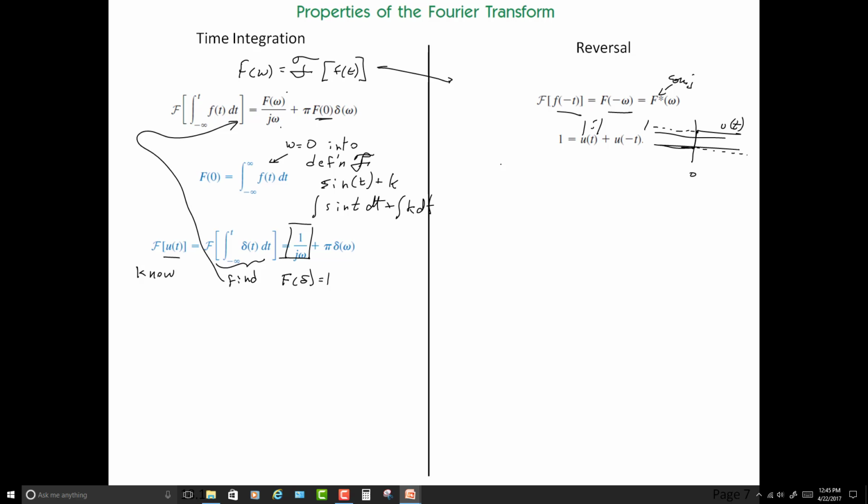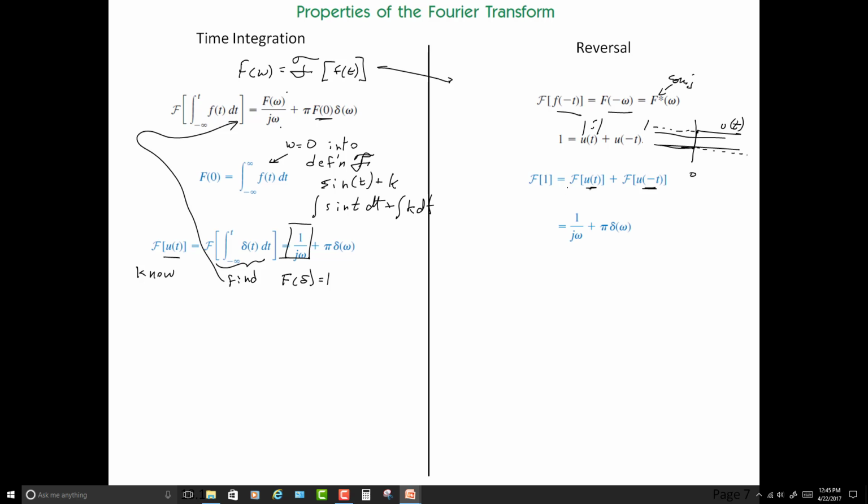Okay. So what about this with reversal? We're saying then that the Fourier transform of 1 is equal to the sum of the Fourier transforms of u of t and u of minus t. This we know, and we know how to do this with time.